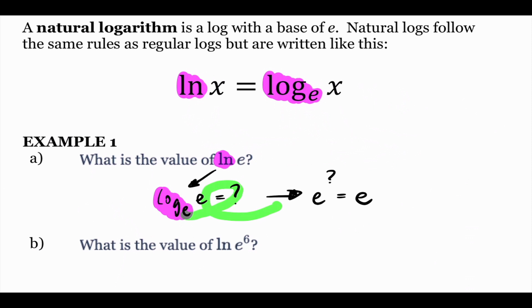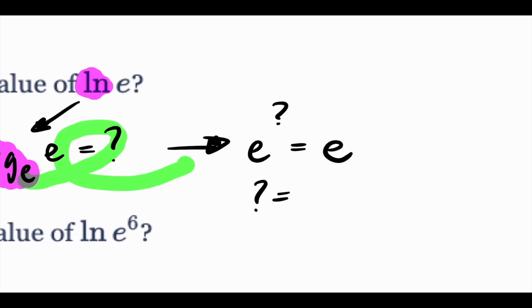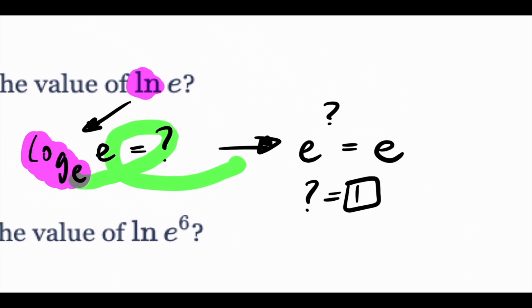That's how it's written as an exponent. Now our job is to figure out what the missing part is. What would the power need to be to make it true? 1, right? Because to go from regular e to regular e, we don't need to change anything. So that's just the power of 1. So the answer is 1.